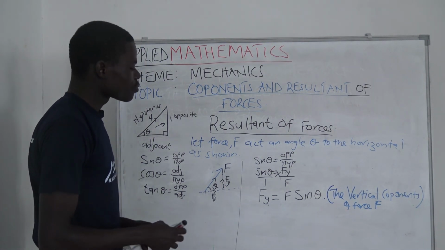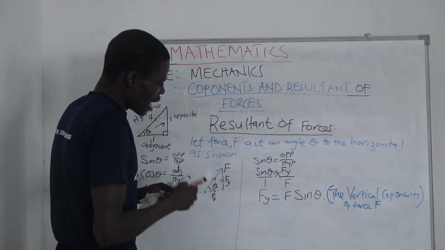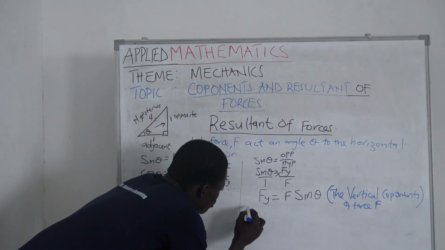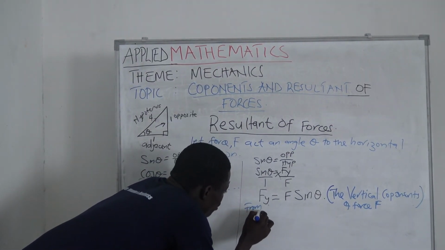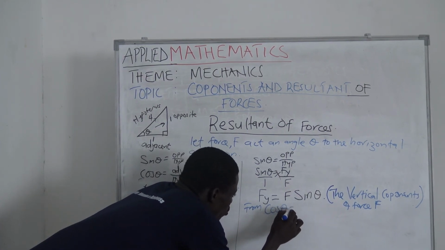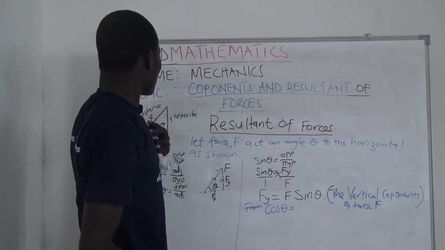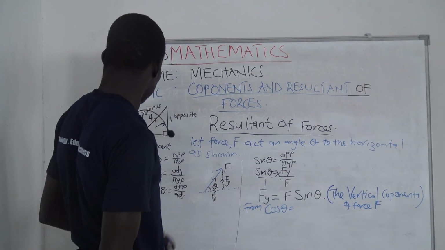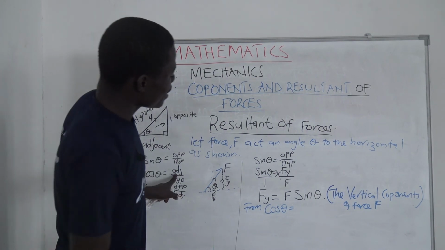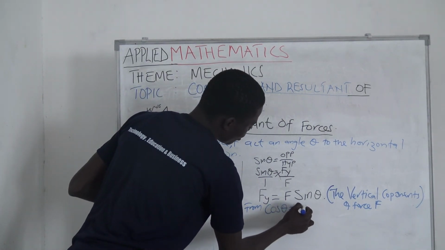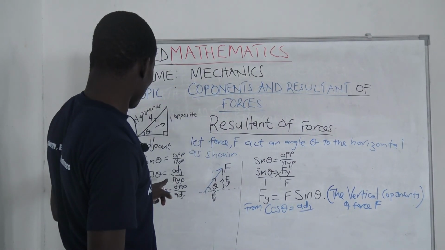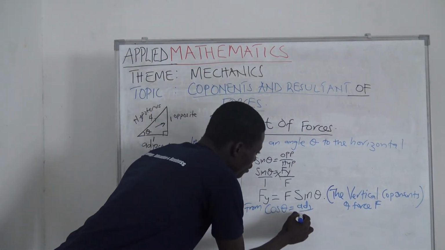Then from cos theta equals adjacent out of hypotenuse.